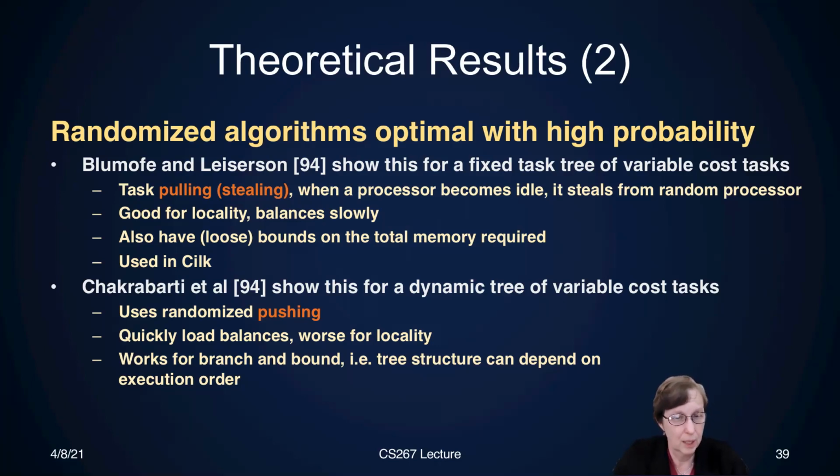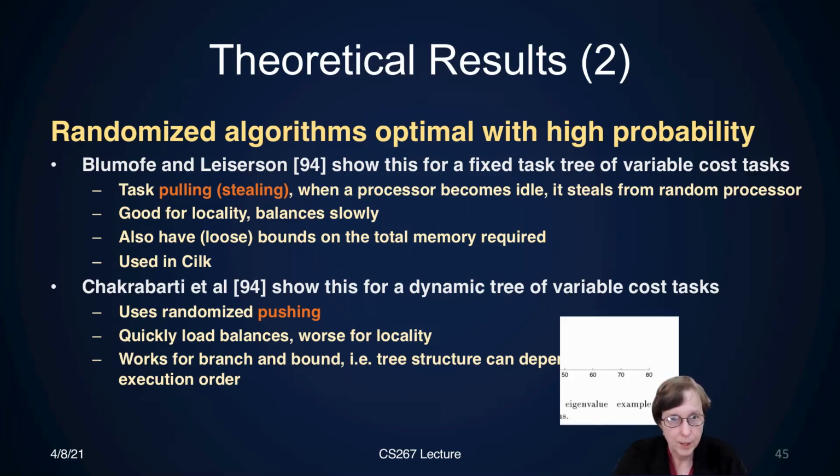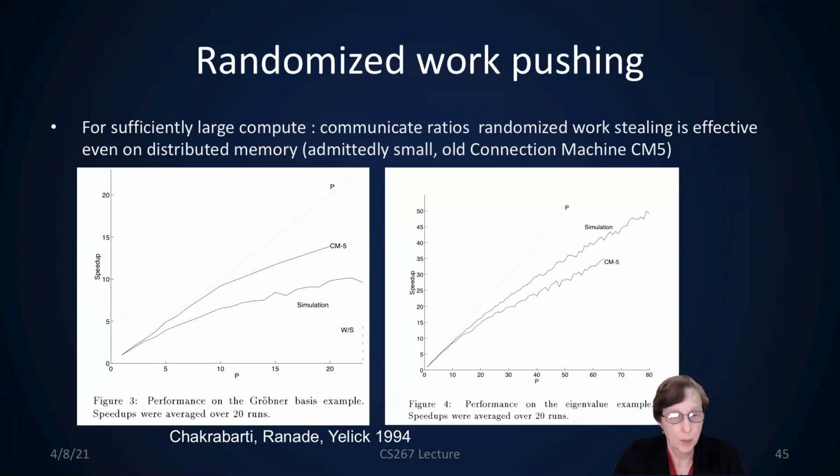So you typically need chunks of work that are very large and don't require that you move too much data associated with them, at least relative to the amount of work that you're going to do. And just to show that this actually did work, even the randomized pushing worked, here are two different problems. Now, this is an ancient machine, the CM5, but this was a Gröbner basis computation, which is a symbolic factorization algorithm that had a dynamic load balancer built into it, and an eigenvalue computation using a recursive bisection algorithm.